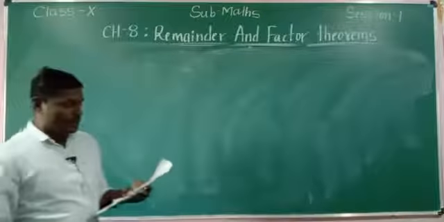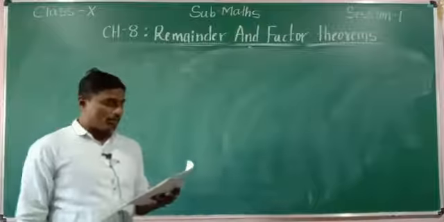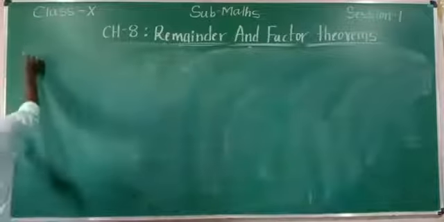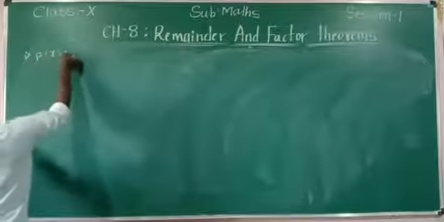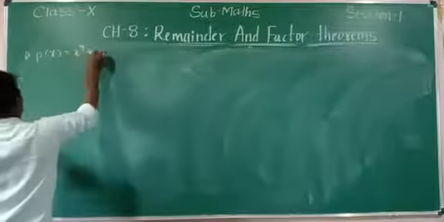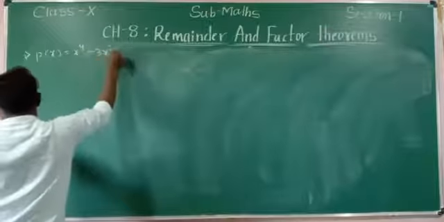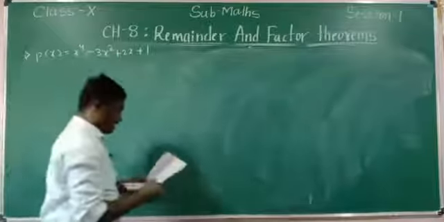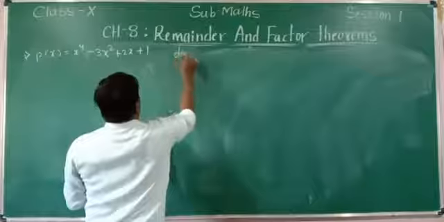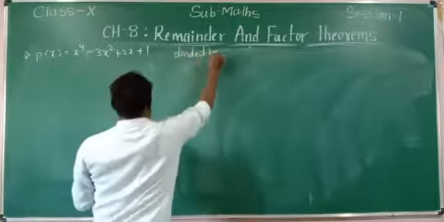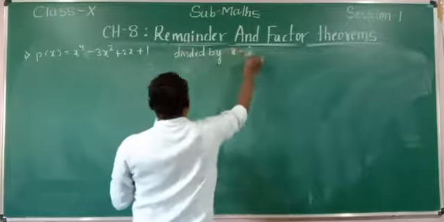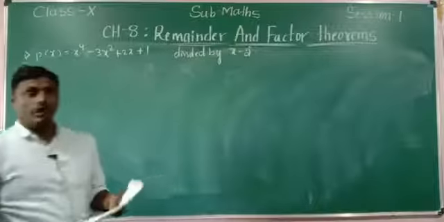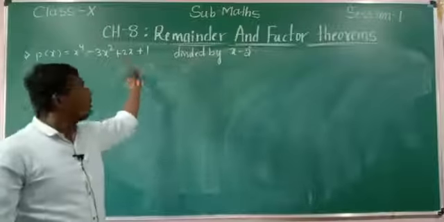Determine the remainder when the polynomial P of x is equal to x raised to 4 minus 3x square plus 2x plus 1 is divided by x minus 2. We already discussed this type of question.